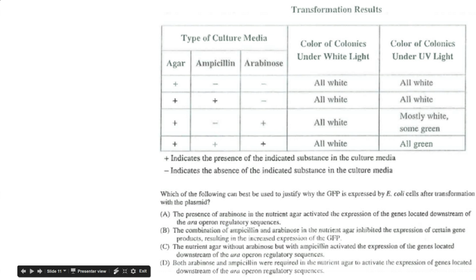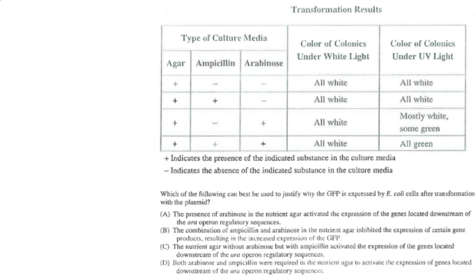All right, so the question here, and that's a heck of a lot of information just to answer one multiple choice: which of the following can best be used to justify why the GFP is expressed by E. coli cells after transformation with the plasmid? Why is the GFP expressed after transformation?